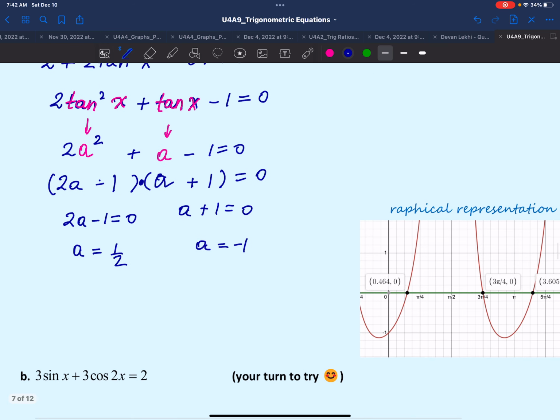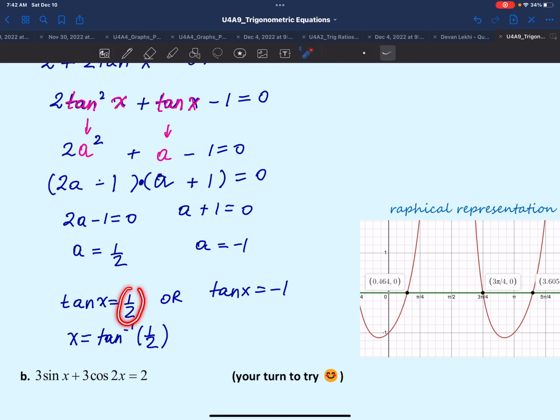Now let's bring back the tan x ratio. So we'll say tan x equals 1/2 or tan x equals negative 1. Now we're going to solve these mini trig equations simply by using the calculator. We'll get x equals inverse tan of 1 over 2. And as you can see here, 1 over 2 is not a special tan ratio, which means that we cannot get the exact answer, which means again that we have to round the answer, which must be in radians, and we know that all angles in radians must be rounded at least to 2 decimal places.